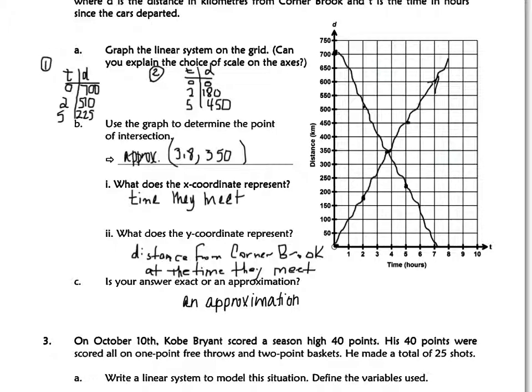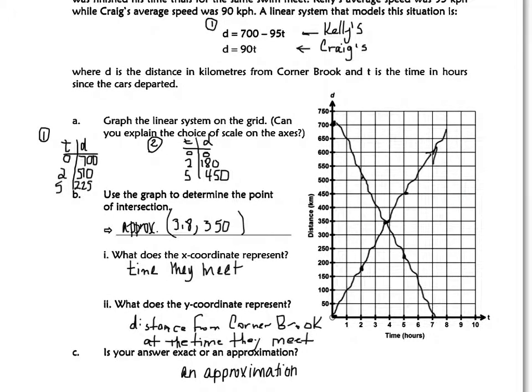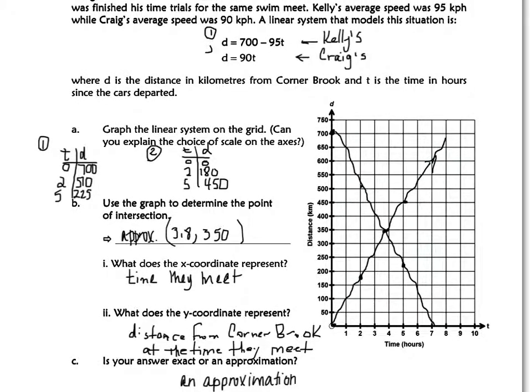So we want to check to see if, I should just go back and plug those values into our equations. If we go back and plug 3.8 into the first equation, I forgot to label this one too. So 3.8 into the first equation, 700 minus 95 times 3.8.